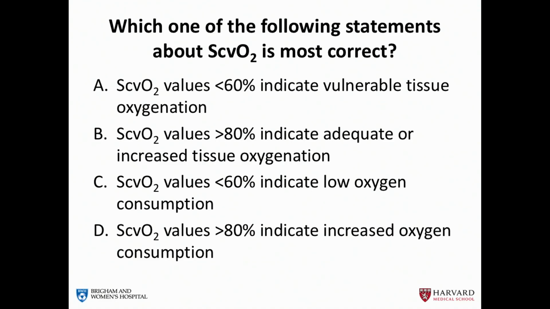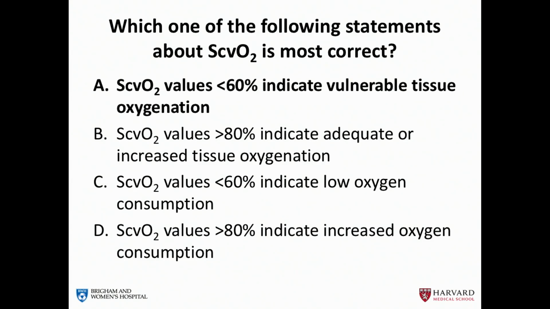Central venous oxygen saturation values less than 60% indicate low oxygen consumption. Central venous oxygen saturation values greater than 80% indicate increased oxygen consumption. The answer is central venous oxygen saturation values less than 60% indicate vulnerable tissue oxygenation.